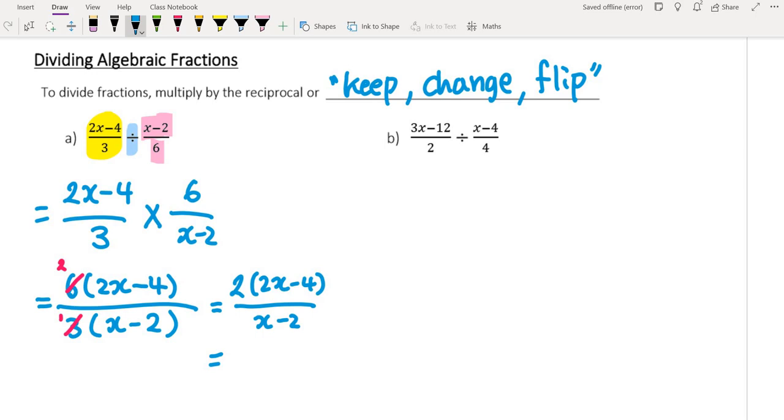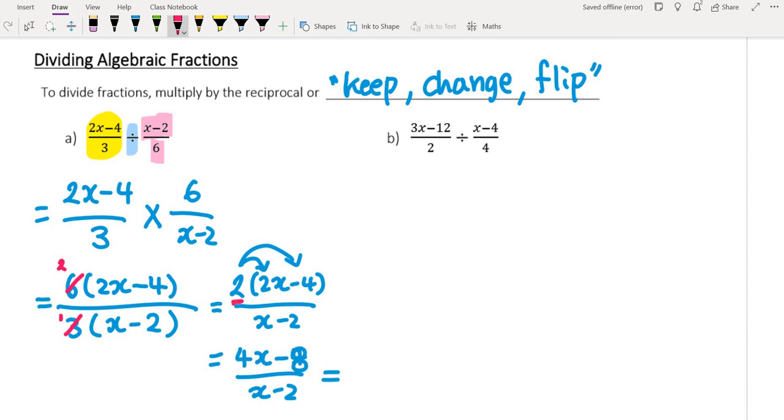And the way to do it, I would personally, unless you can do it in your head, expand this bracket so it becomes 4x minus 8 over x minus 2. And then simplify this again, because I can see now 4 can go into both of these numbers.